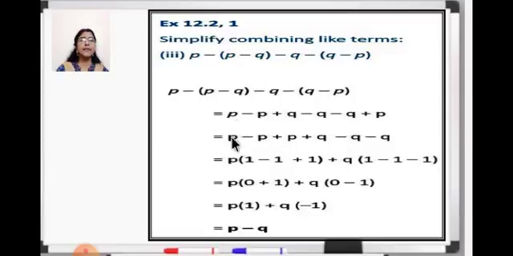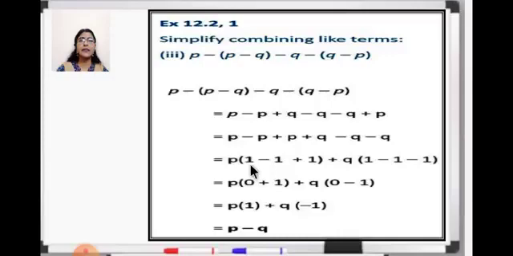Now here you see P minus P plus P. So these are like terms. Similarly now Q also we will take together, plus Q minus Q minus Q. And then we will take the variable outside the bracket, P(1 minus 1 plus 1). Now same way, Q(1 minus 1 minus 1), we'll write like this.